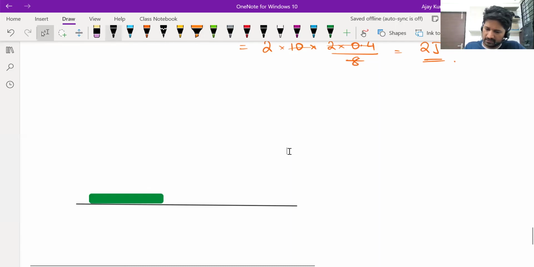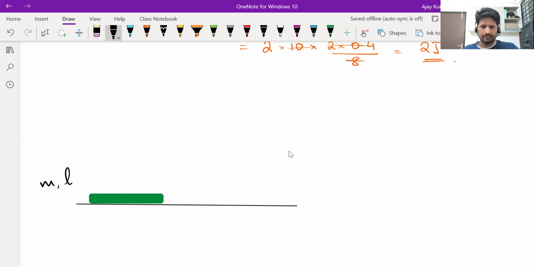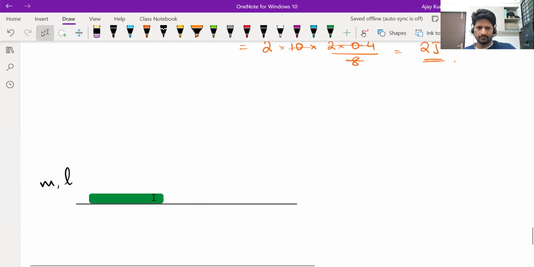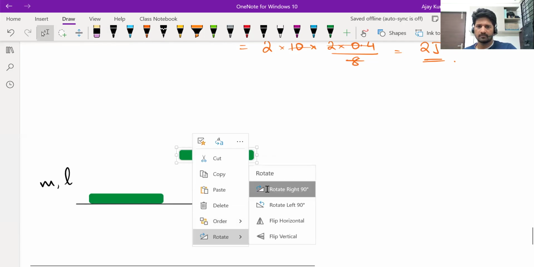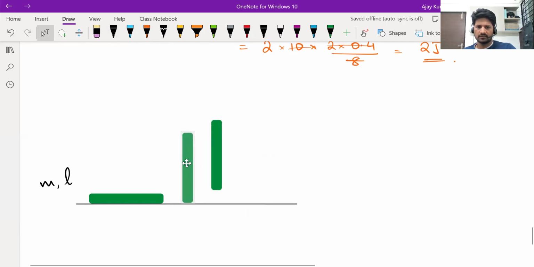Assume its mass is m and its length is L. The horizontal length is L. Now what we want to do is make it vertical. Ignore the thickness or the width of the object. Calculate the work required to do this.